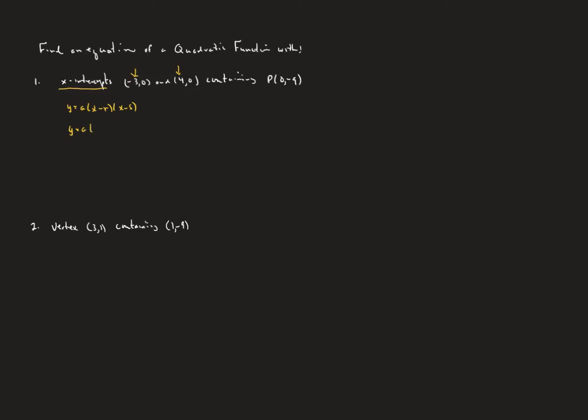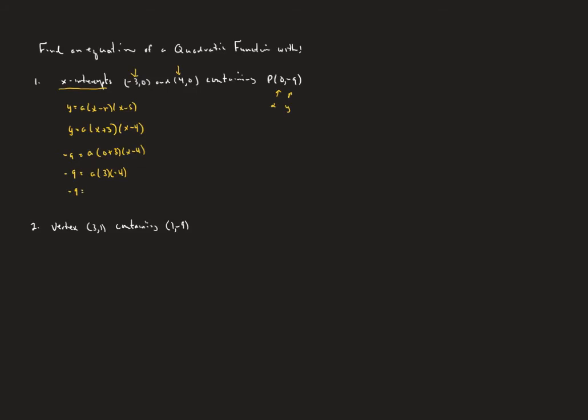So we know if negative 3, 0 is an x-intercept, then x plus 3 must be a factor. And if 4, 0 is an x-intercept, then x minus 4 is a factor. The point gives us a value for x and y that make that a true statement. So if we plug in the negative 9 for the y and the 0 for the x's, we get an equation that we can solve for a.